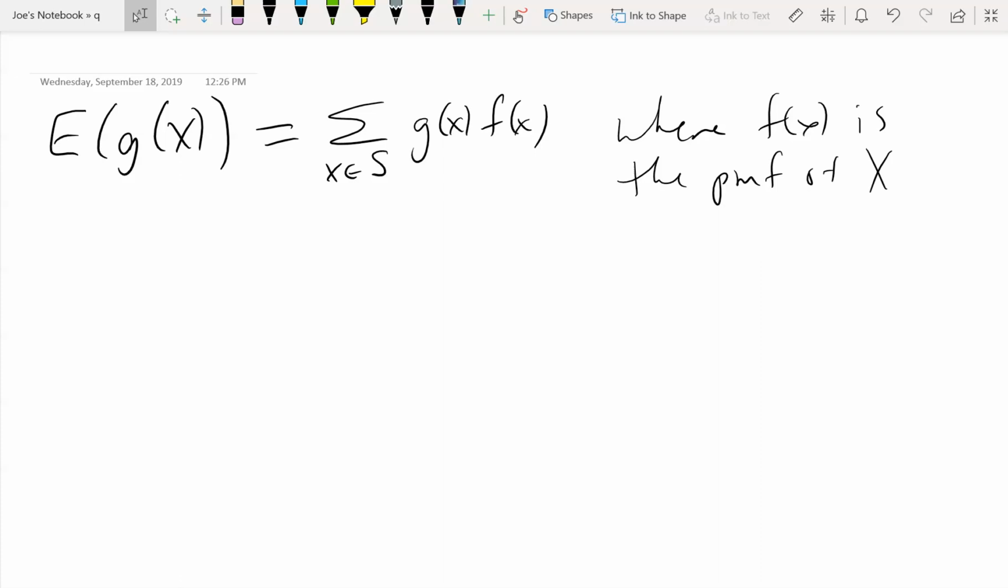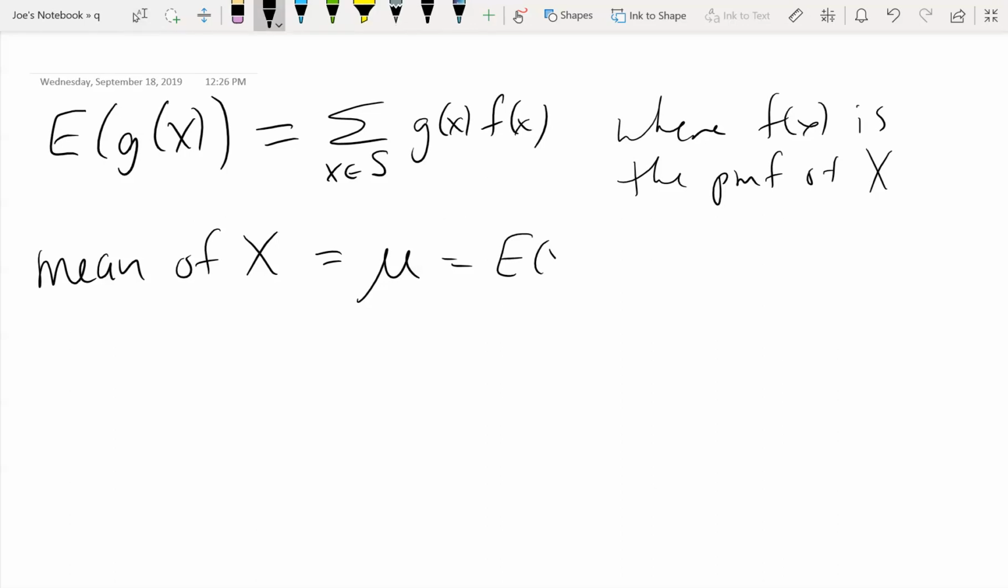So in general, if we want to know on average what the value of x takes on, if you repeat the trials over and over and over again, that's just the expected value of x, where the function is just g of x equals x.